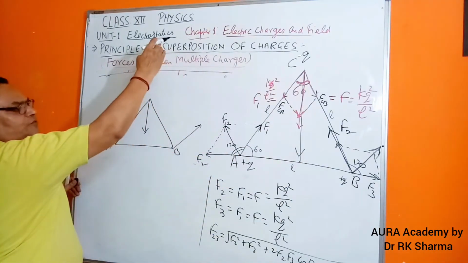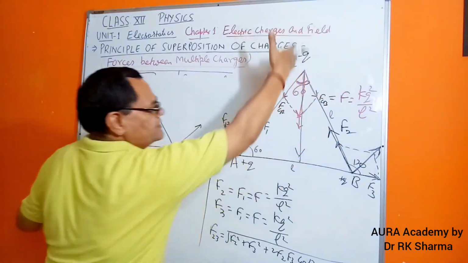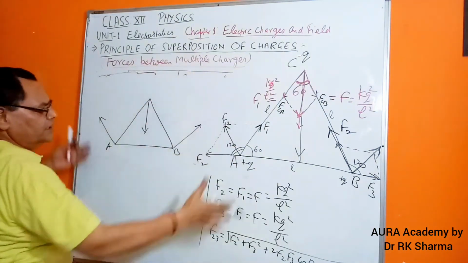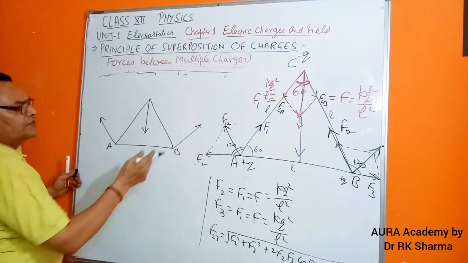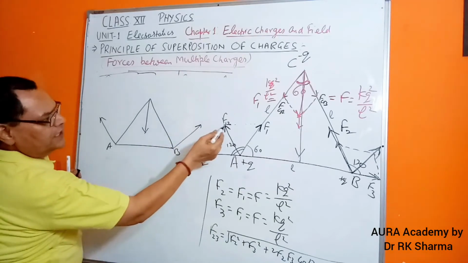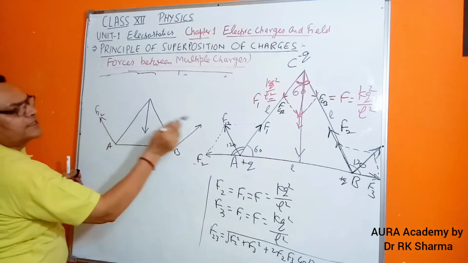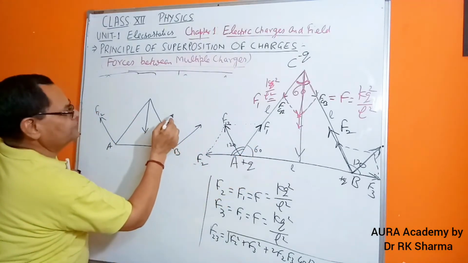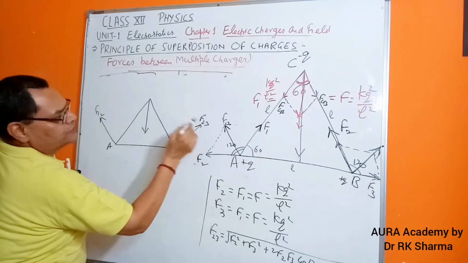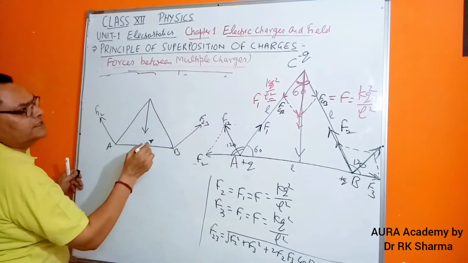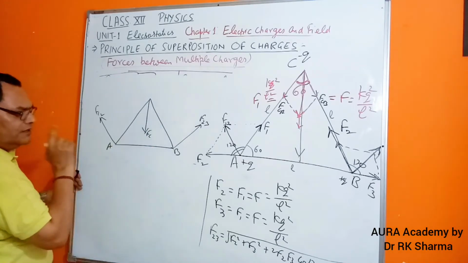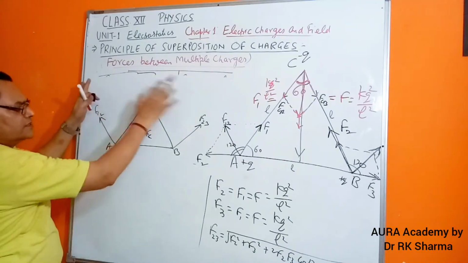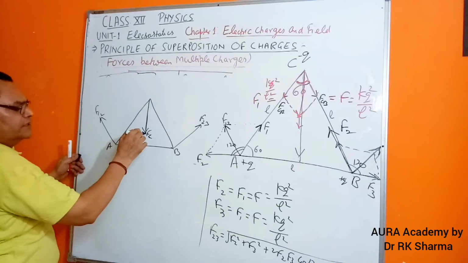At A the force was this, at B the force was this, at C the force is this. Now if you have to find out the resultant force of all this, I put this as F12, and this force was F23, and this is basically the FC. Alright, what is the resultant? This is obviously acting downward.